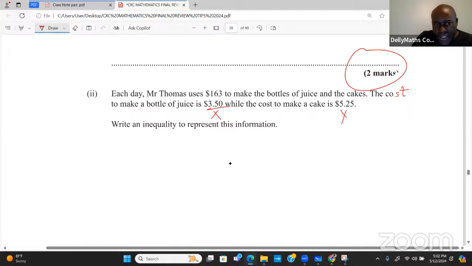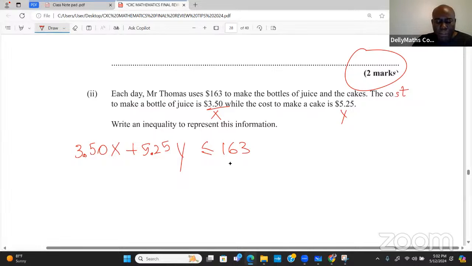So what we're saying is $3.50 times X, so 3.5X, plus 5.25Y. The number of bottles, at $3.50 each, plus the number of cakes, must be less than or equal to $163. In other words, I could spend less, or that amount, but I cannot go over.